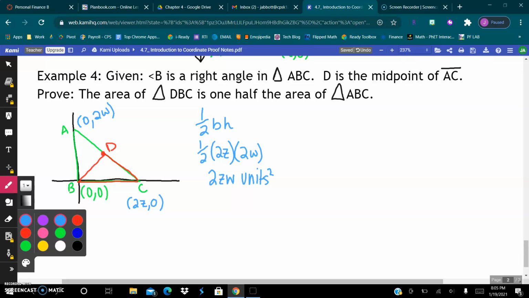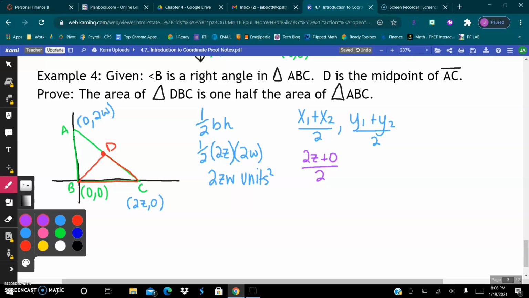And then we're going to have to use the midpoint formula. Remember, we add our x's together, divide it by 2, and then add our y's together and divide those by 2. So we're finding the ordered pair for point D here. So we have to use the points for A and C, and we're going to add our x's together. Our x's would be 2Z and 0, and I have to divide that by 2.